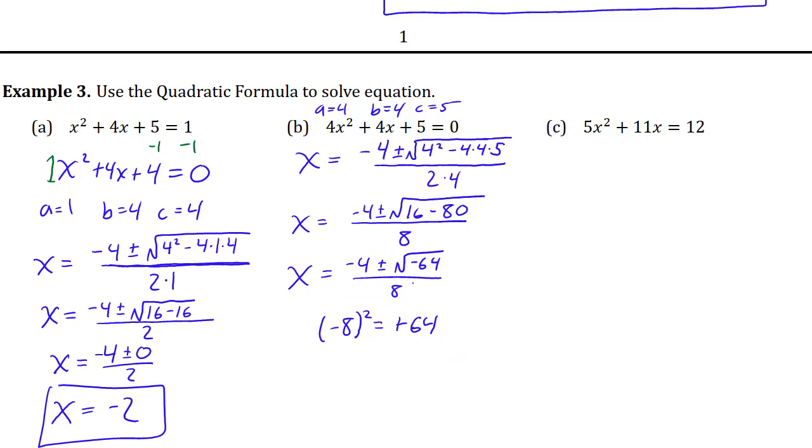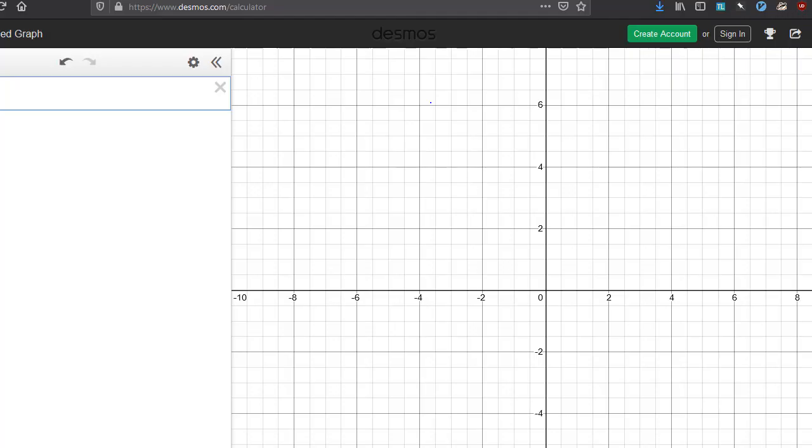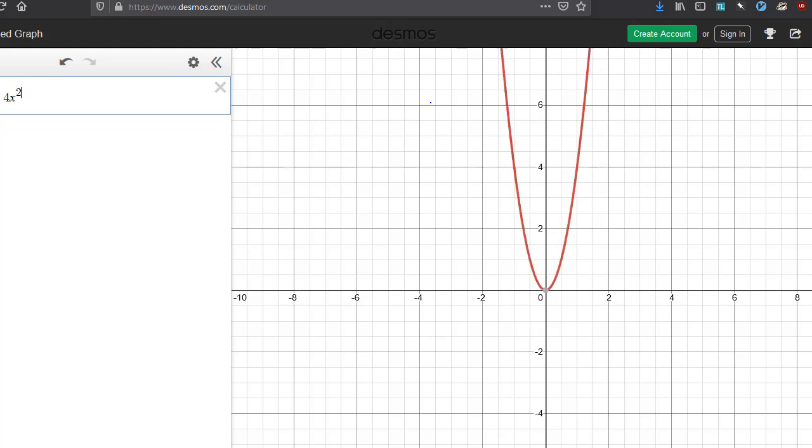And if you want to see what this looks like on a graph, I think that might help explain why this has no solution. So to do this on a graph, we're going to graph y equals 4x squared plus 4x plus 5. And that graph gives you a good picture of what kinds of values the left side of this equation can take on. So I'm going to write y equals 4x squared plus 4x plus 5.